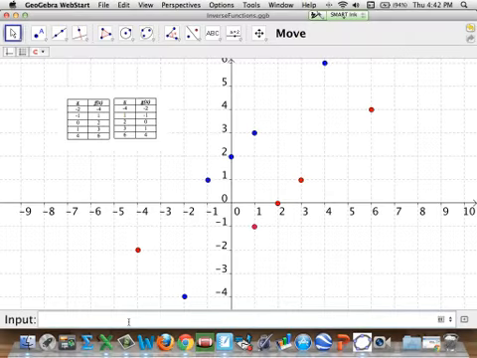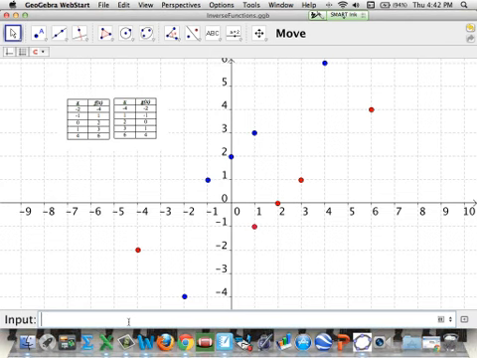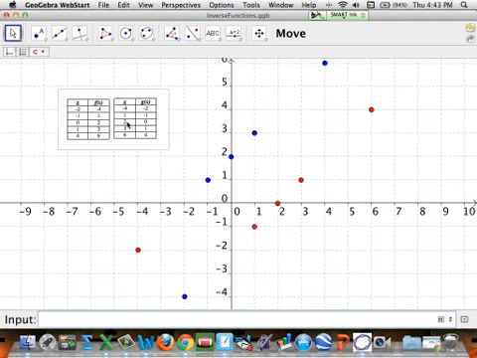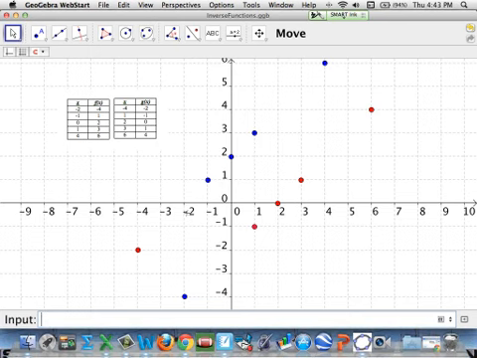Okay, on this GeoGebra grid, I have plotted the dots that were in those tables on the previous slide. So the red dots represent the function g's points, and the blue dots represent the function f's points. So for example, we have -4, -2 in red, which is on the function g's graph, and then we have -2, -4 in blue, which is on the function f's graph.